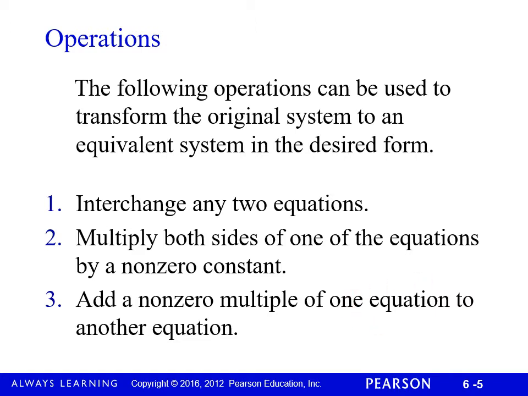We saw this in elimination where we added two equations together, and sometimes we had to first multiply them by something so that we could eliminate one of the variables. And that's all this third one is saying, so that you can add two equations together and you can add multiples of one of those equations. And we did the multiples when we didn't have opposite coefficients and needed to create them.